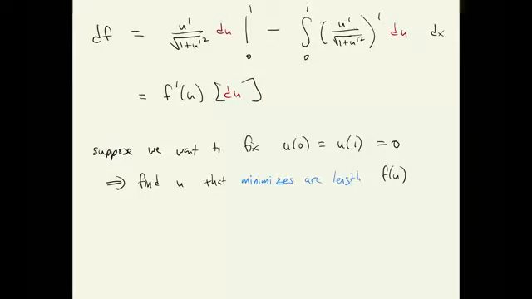So if you want to minimize something, what you want is for the gradient to be 0. So we're going to need to take a gradient and set it equal to 0 in a minute. But if we fix the endpoints, we're going to want du also at 0 or 1 to be 0.